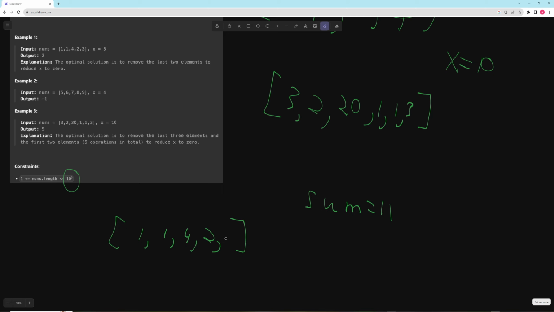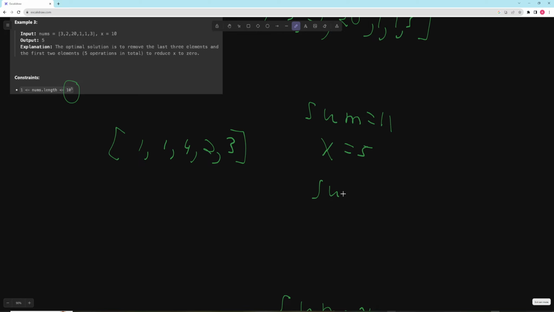Actually, draw the 3 better. There we go. And our target is 5. So x equals 5. So sum minus x equals 6. And so we want the longest consecutive array that sums up to 6. And then we're guaranteed that the numbers we don't use in the array will sum up to 5.